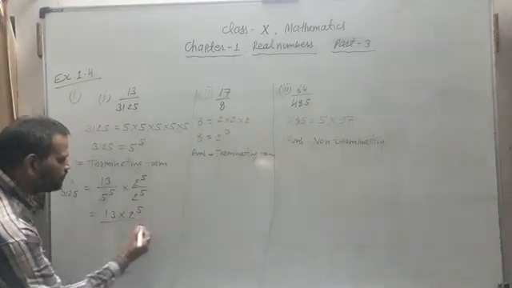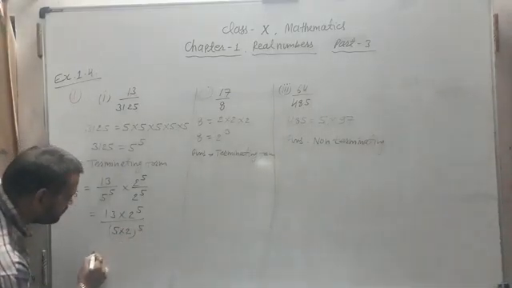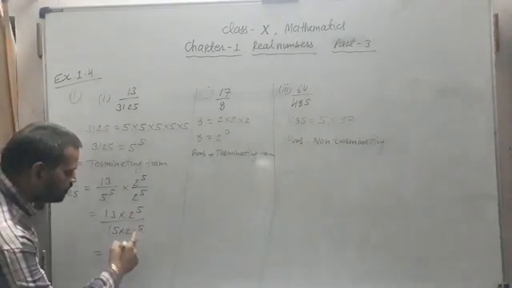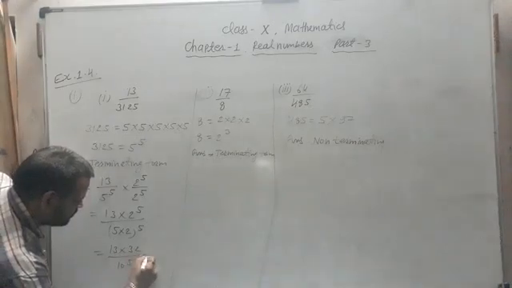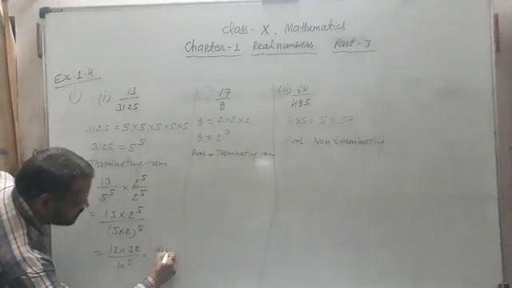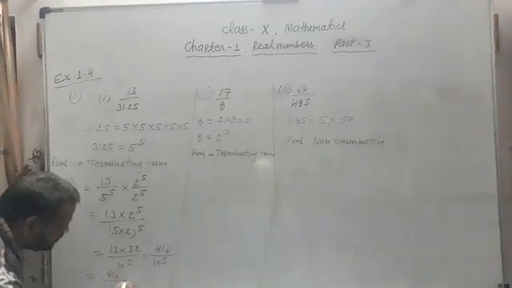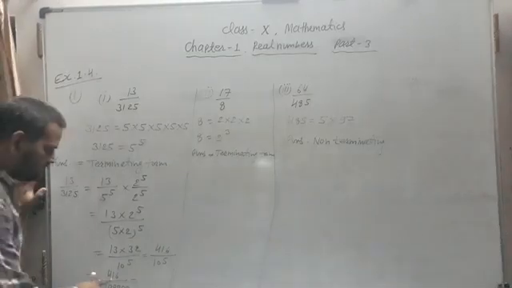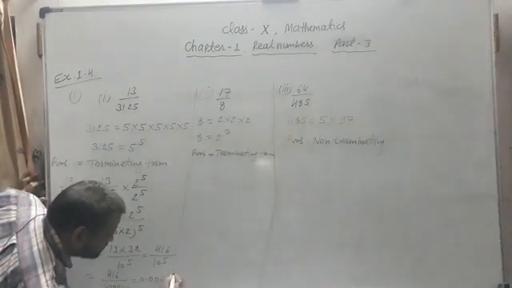13 into 2 to the power 5 upon 5 power 5 into 2 power 5. 2 into 2 into 2 into 2 into 2 is 32, upon 10 to the power 5. 13 into 32 is 416 upon 10 to the power 5. 10 to the power 5 is 1 lakh, so 416 upon 1 lakh equals 0.00416.